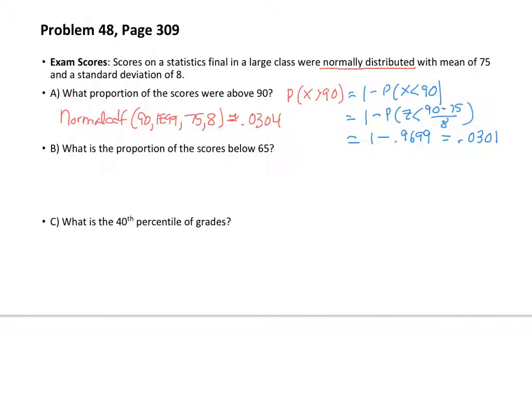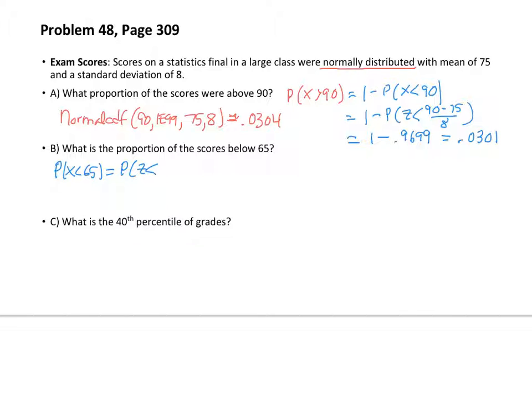And the second one, we want to know the scores below 65. So again, our statement is the probability that x is less than 65. And now we don't have to do any transformations other than the z transformation.